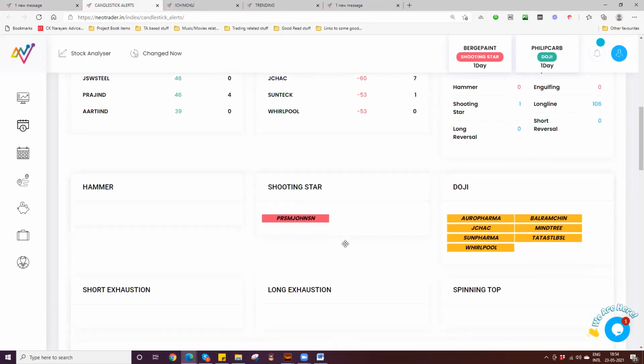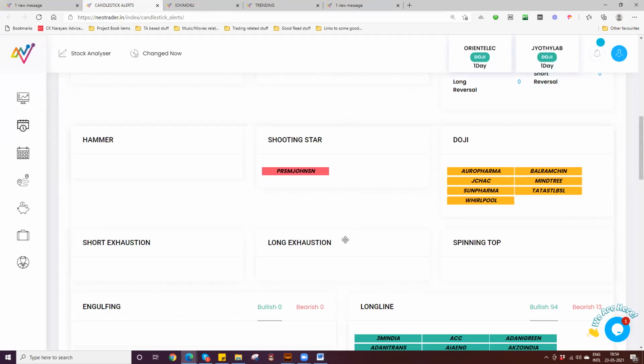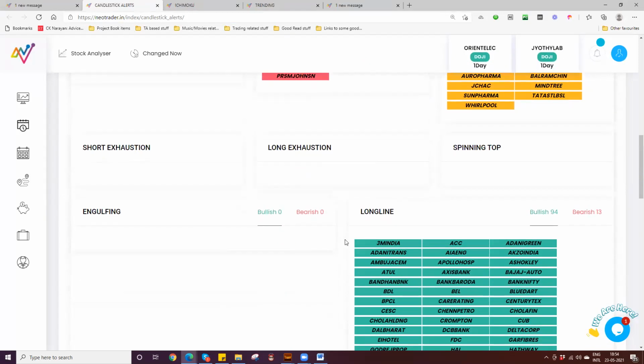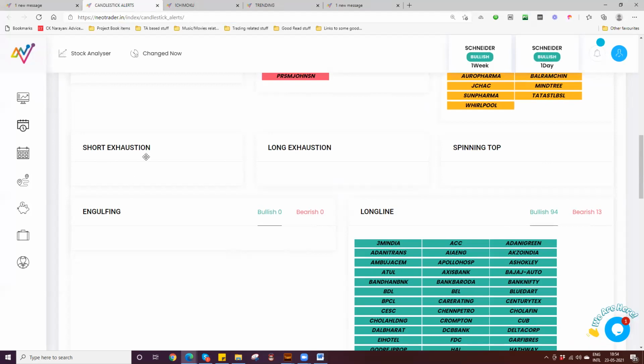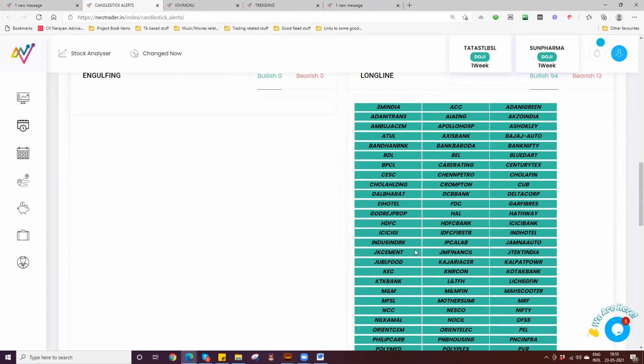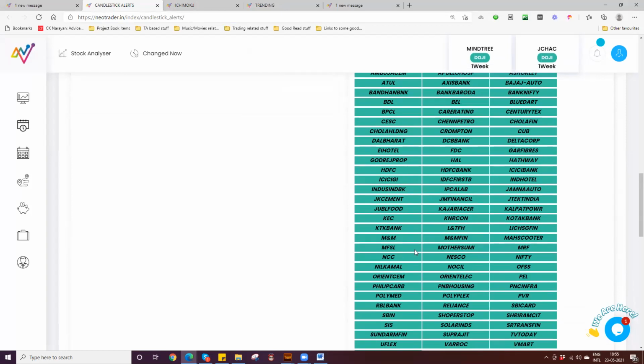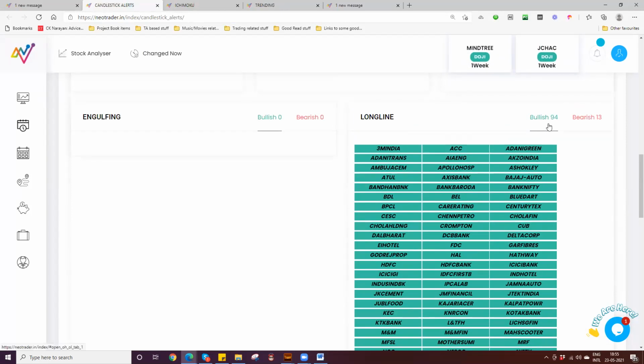Now, what do we want here? And as the main document has said, we want to look at the candlesticks with long body candles, okay? So when you choose long line, right, that differentiation has already been made, and therefore when you come to long line, you get a huge bunch of stocks and it says there are 94 stocks.